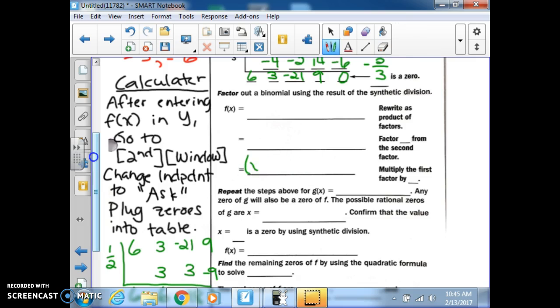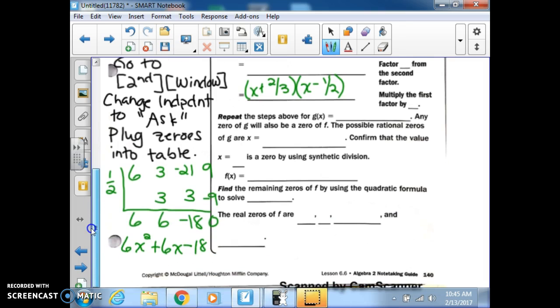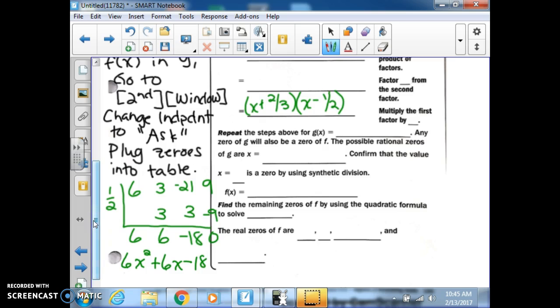You have x plus 2/3 times x minus 1/2 times our resulting polynomial, which is 6x squared plus 6x minus 18. Alright, so when you get down to 6x squared plus 6x minus 18, and you try to find the rational zeros, you'll see that none of the other rational zeros will work.